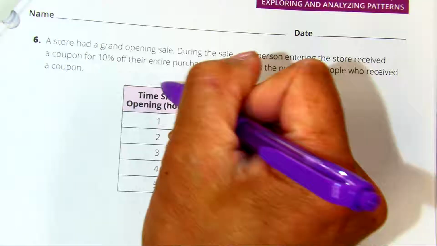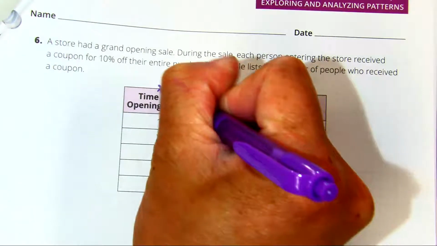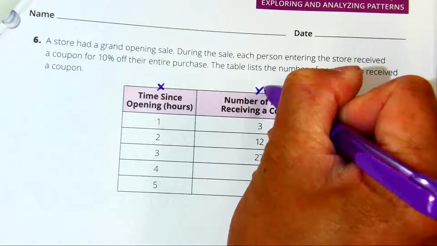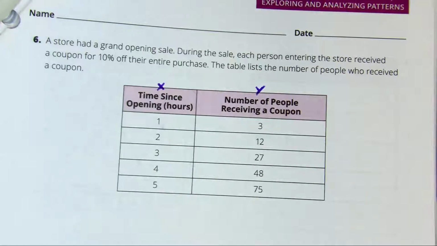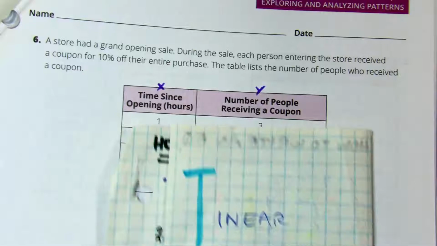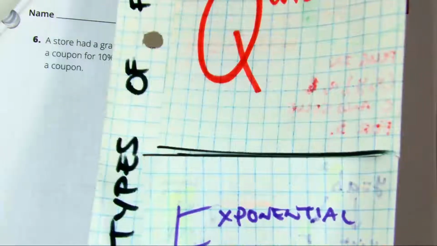Alright, so I have my X values, I have my Y values. Teresa, what should we do first? We need to figure out if this is linear, quadratic, or exponential.